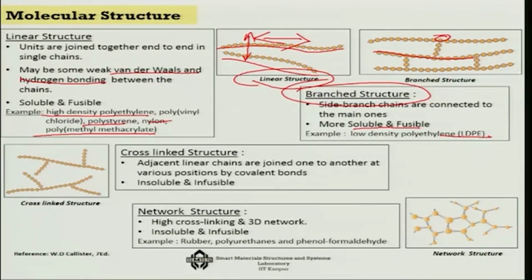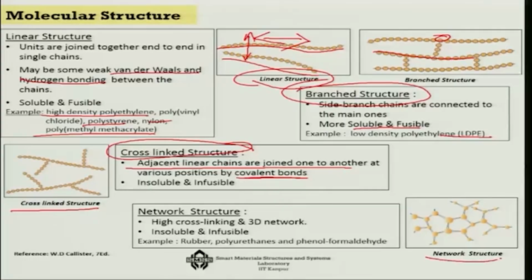Now, if the branches get cross linked, that is the cross link structure, then what you get is that the adjacent linear chains are joined one to another at various positions by covalent bonds, and they become insoluble and infusible. So, that is the cross link structure.